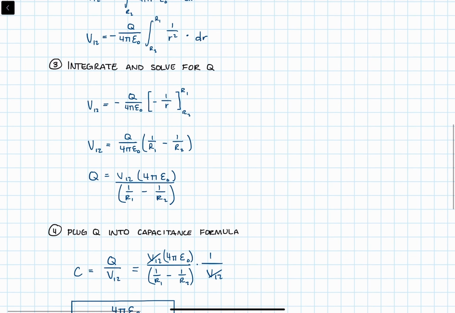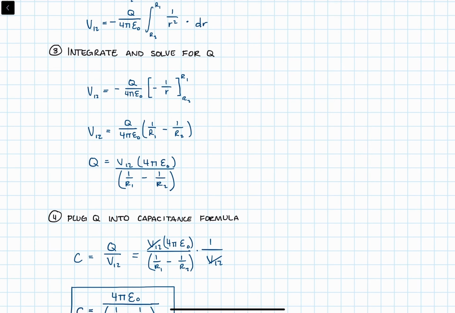Then we can integrate and solve for Q, which is what we need in order to find the capacitance. So we get that V12 will be equal to negative Q over 4 pi epsilon naught times negative 1 over r evaluated from R2 to R1.